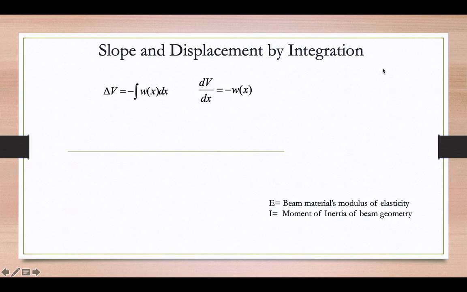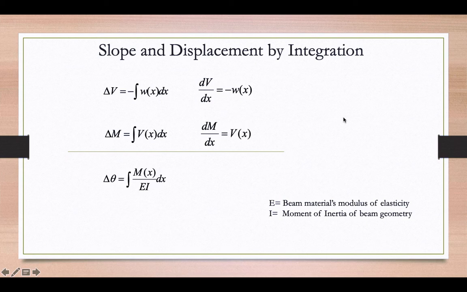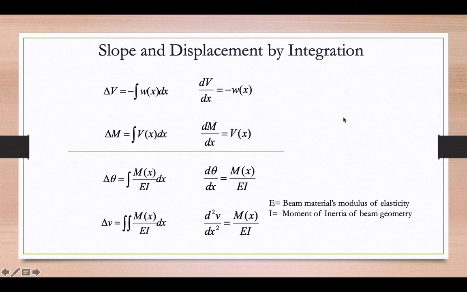So now that we know how to come up with the shear and moment equations, we can move on to finding deformation slope and deflection equations. Deformation slope is solved for by just taking the integral of the moment equation, but dividing it by EI. EI is the flexural rigidity.